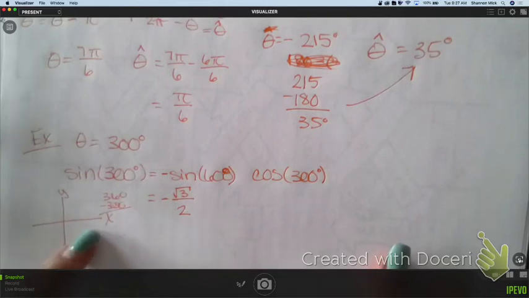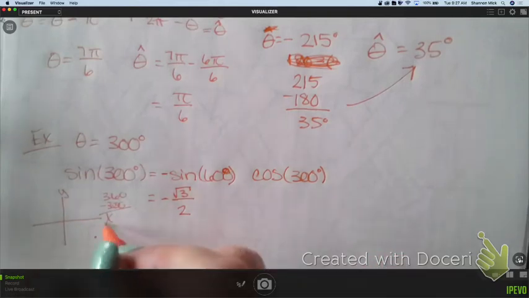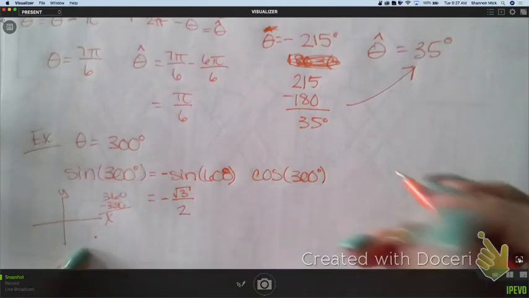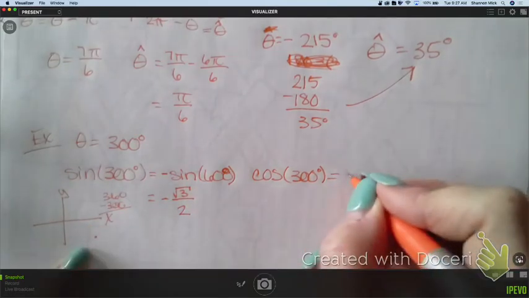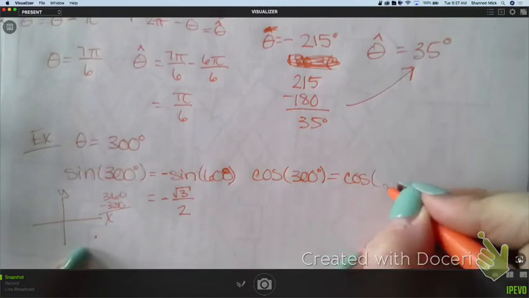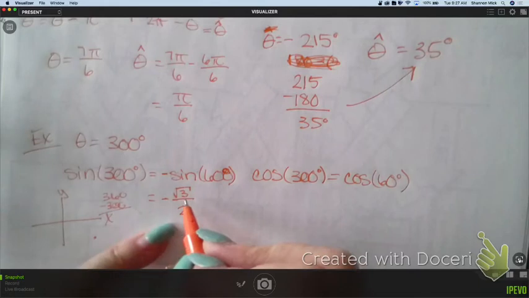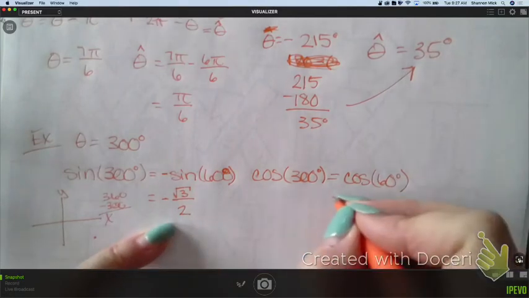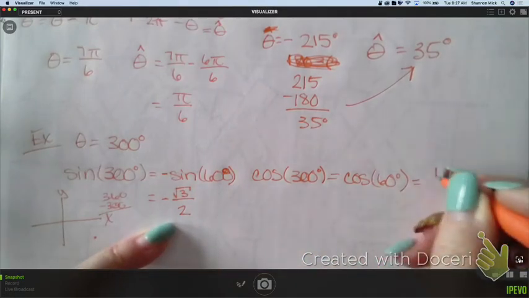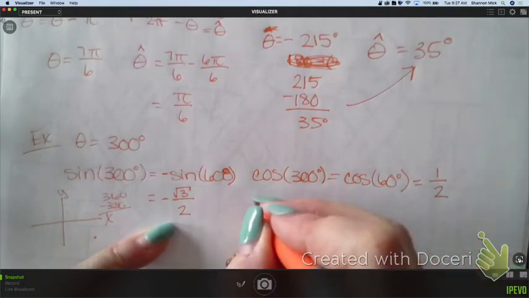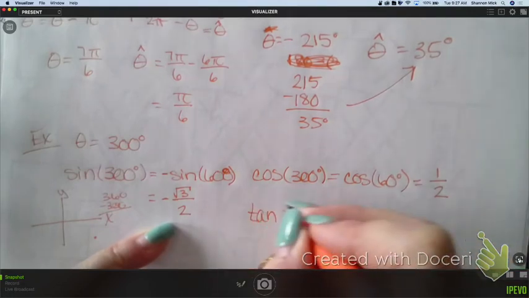Because it's the x, and this is the positive x-axis, correct? Yes. So it's going to be equal to the cosine of the reference angle, which is 60. Well, if opposite 60 was square root of 3, adjacent has to be 1 over 2.